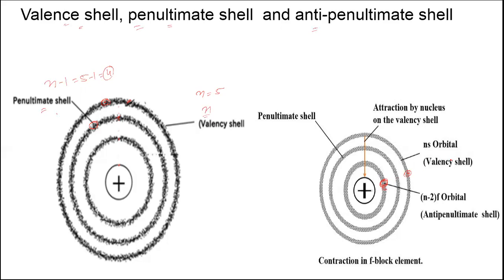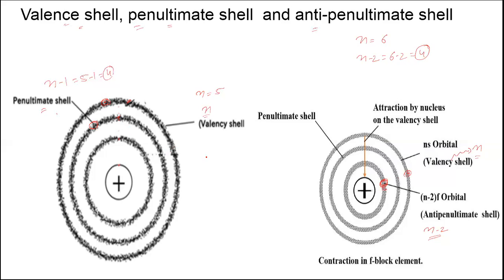If we consider the valence shell is equal to n, the anti-penultimate shell will be n minus 2. We take an example. If the valence shell is equal to 6, then anti-penultimate shell is equal to 6 minus 2 is equal to 4.